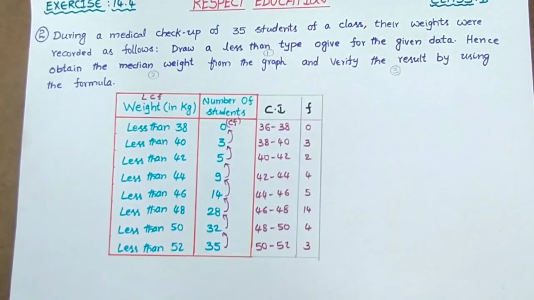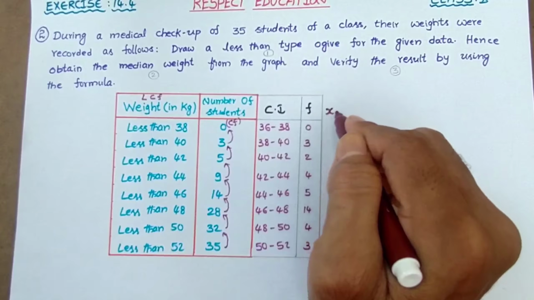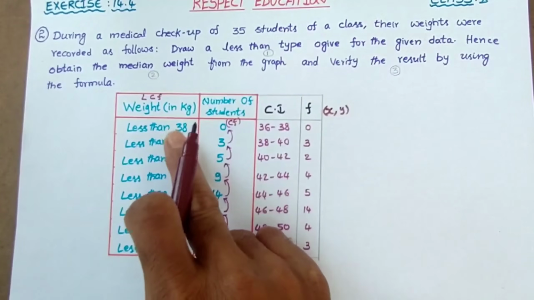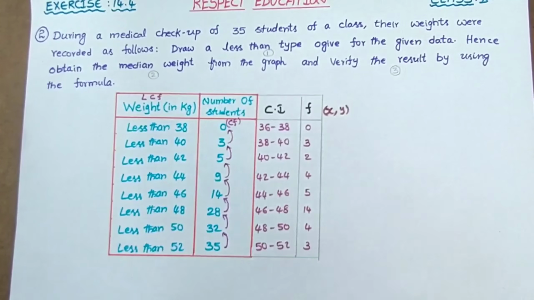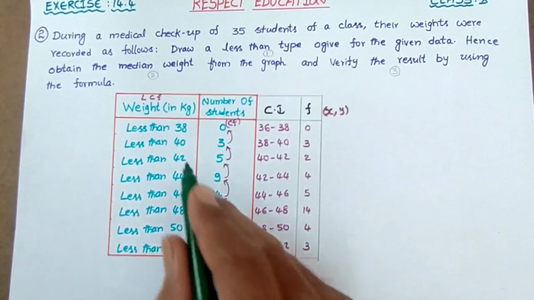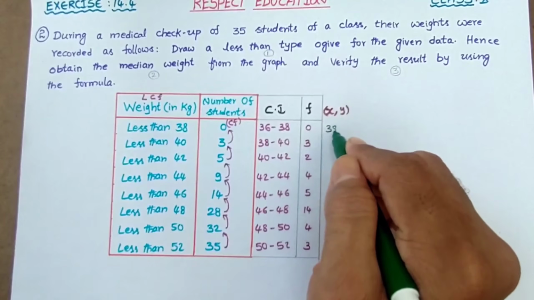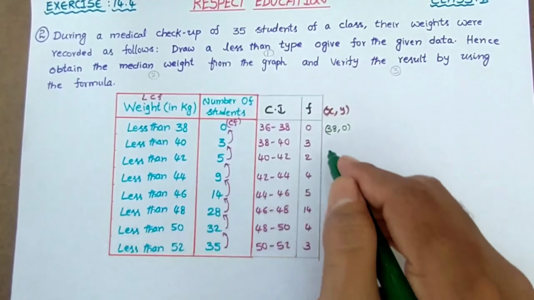Now, to draw an ogive, x coordinate and y coordinate are required. Let us write x comma y. 38 comma cumulative frequency, we should take these two. So, 38 comma 0, 40 comma 3.